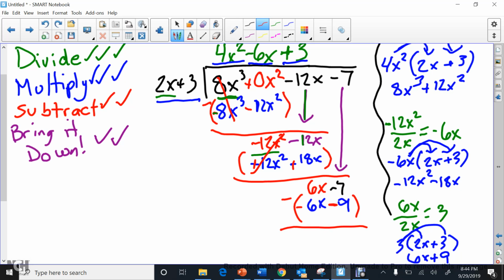Well, let's go through. Again, we can ignore this minus sign on the outside because we've distributed it in, meaning we'll go straight down. 6x minus 6x will cancel each other out. Negative 7 minus 9 gives us a negative 16. I have nothing left to bring down, so I'm now done.